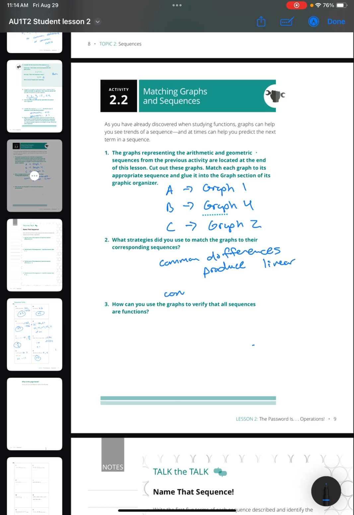Or you could say common ratios produce exponential graphs. So there would just be one example of a strategy you could use. Okay, 3, how can you use the graphs to verify that all sequences are functions? Again, if you're looking at a graph and we're determining if it's a function, you're using the vertical line test.